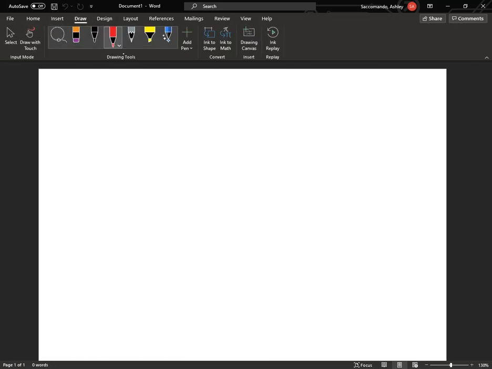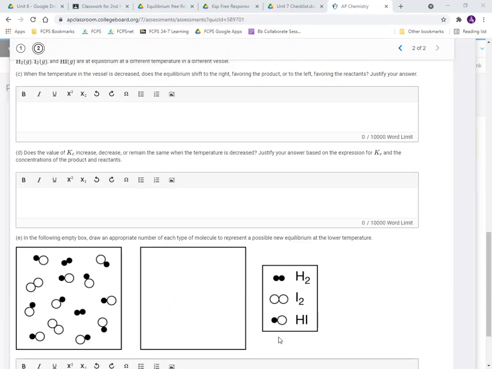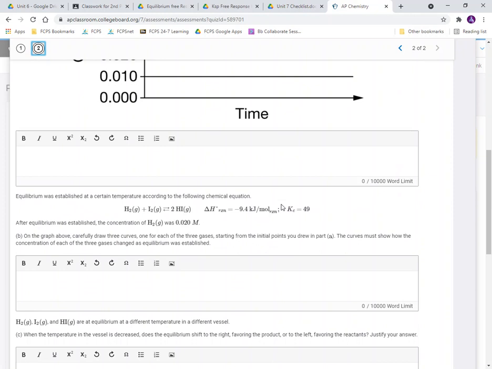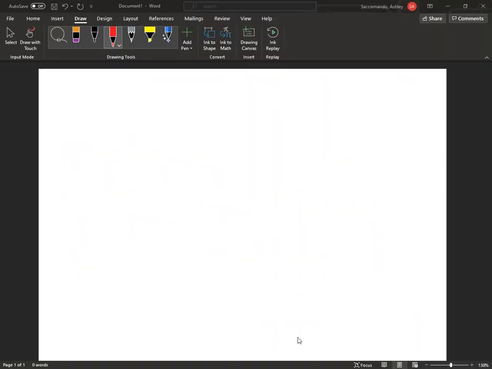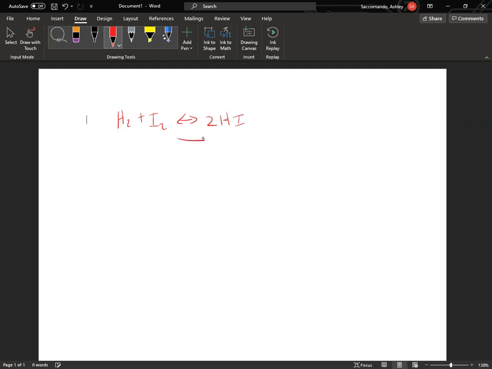So we're shifting towards the products, and let me look back at the reaction real quick. So it is H2 plus I2, so 2HI. And we're shifting right towards the products because the temperature was decreased.